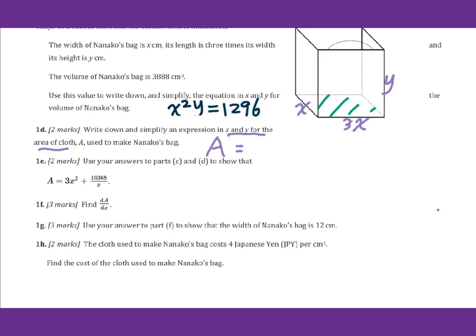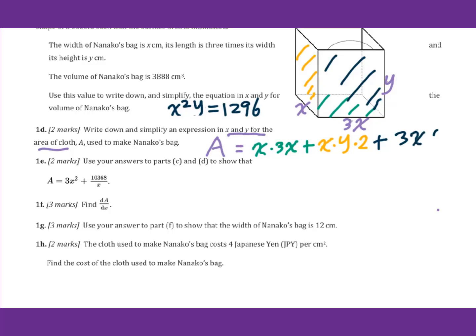the bottom part, we have x times 3x. For the side, you will get x times y, then times 2. Then we have front. For the front area, it will be 3x times y.